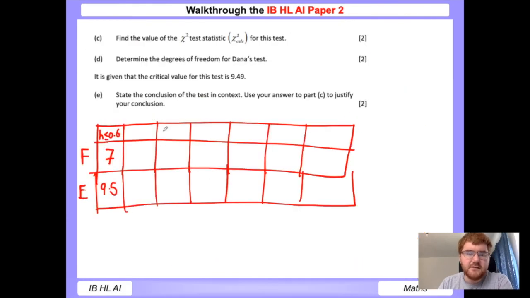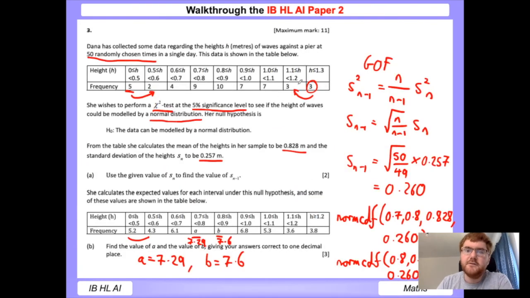So then we go 0.6 to 0.7, 0.7 to 0.8, and so on. And then at the other end, we're going to get h is greater than 1.2, which is going to include those two together.